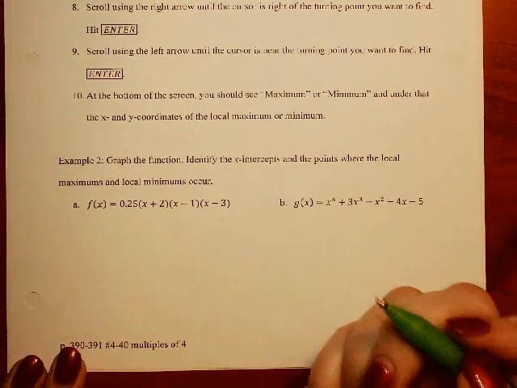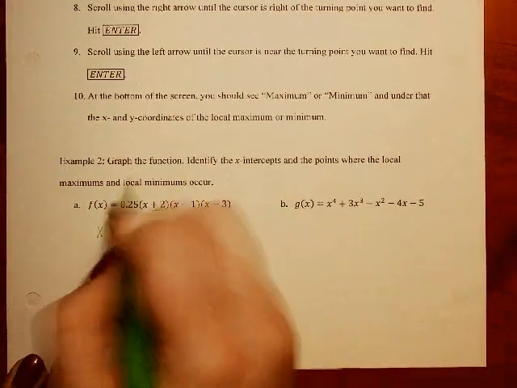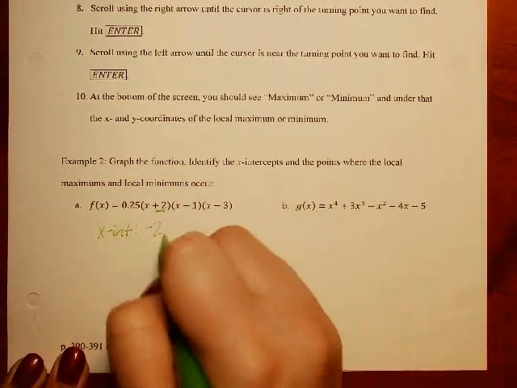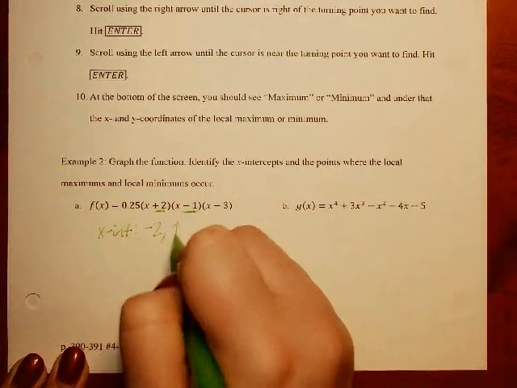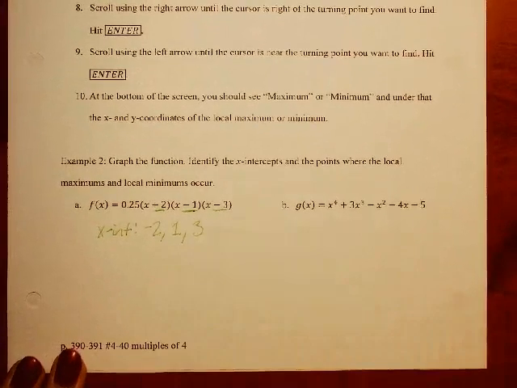So we take the opposite of this, so we get x-intercepts are at -2, take the opposite of this, +1, and +3. So those are our 3 x-intercepts.